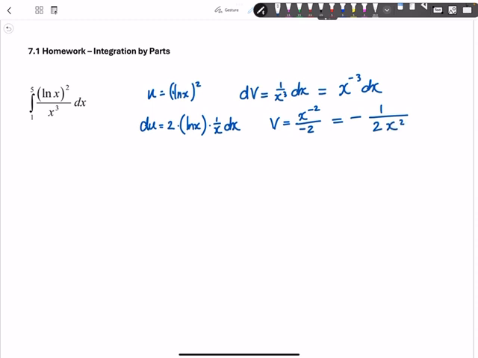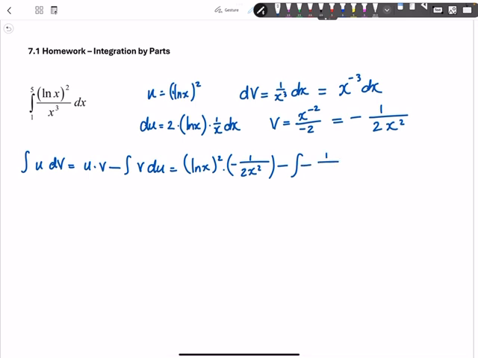All right, so I'm going to plug this into our formula. The integral of u dv is equal to u times v minus the integral of v du. So this is going to be the natural log of x squared, u, times v, minus 1 over 2x squared, minus the integral of v, minus 1 over 2x squared, times du.